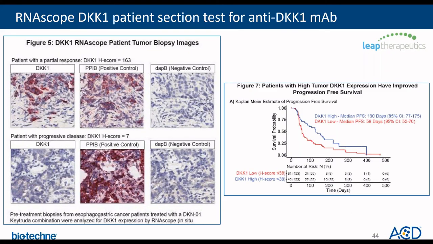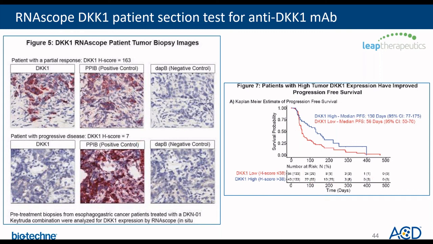This is a piece of data from Leap Therapeutics that they presented at SITC in 2019, and they showed that DKK1 expression correlated very well with a response to the treatment. And here, the top panel is showing the patient biopsy, which showed high expression of DKK1 with H-score of 163. And the bottom panel is showing a tumor biopsy with low level of DKK1 with H-score of 7.